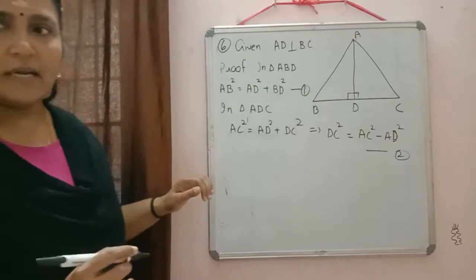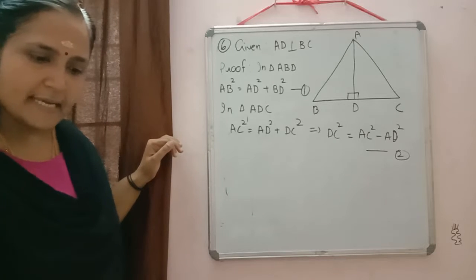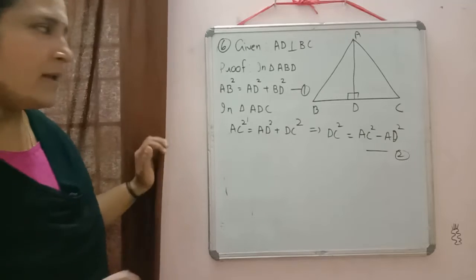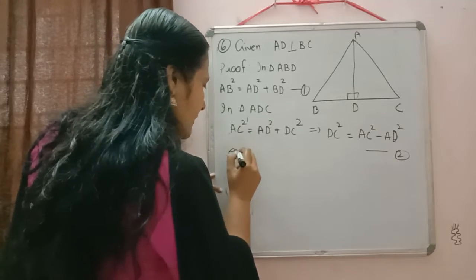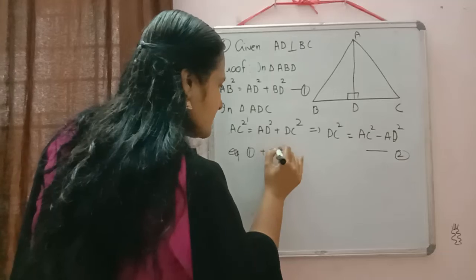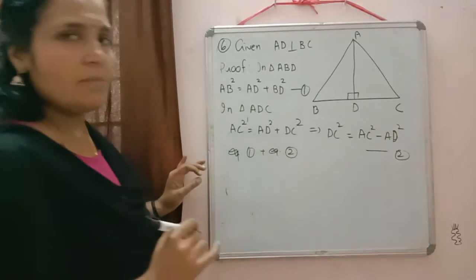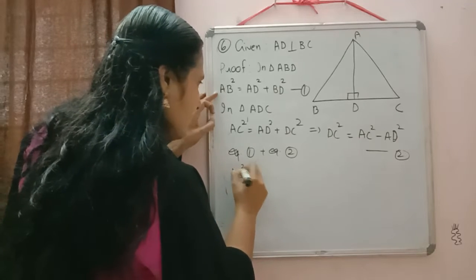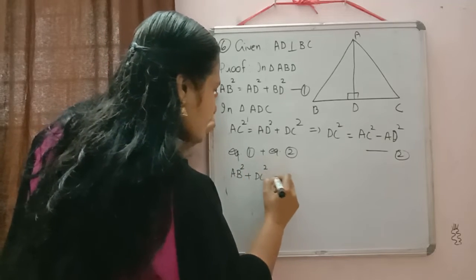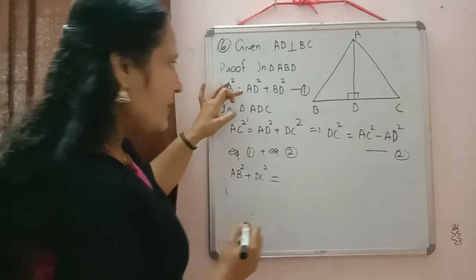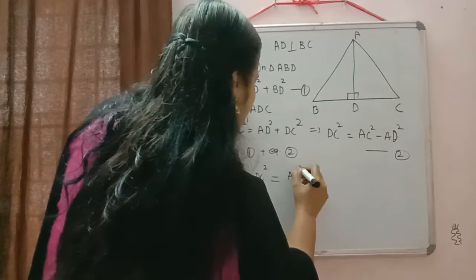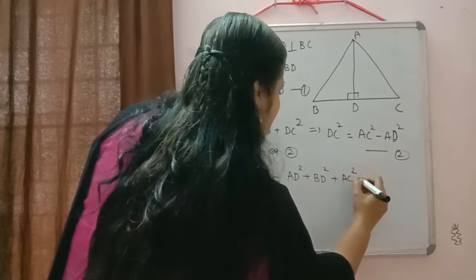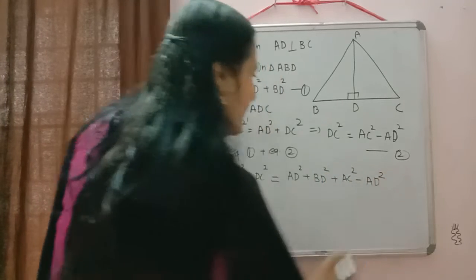Okay, so first what we did, we have checked the side in which AB and CD is coming, and we used Pythagoras theorem. Then what we will do? Yes, we will add equation 1 and 2. So just write down equation 1 plus equation 2. So in the left hand side what will come? AB square plus CD square is equal to, in the right hand side we have AD square plus BD square plus AC square minus AD square.